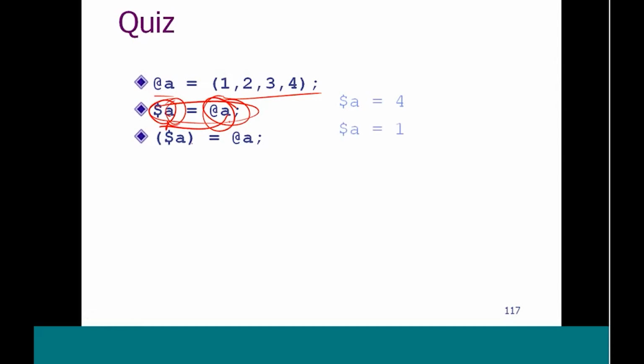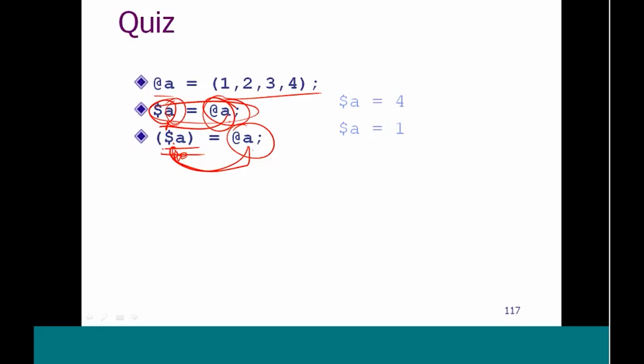But what about the second one? Here it actually combines that. When we specify this, it actually means the first element of this array is assigned to $A. This is something that we don't use a lot of times.